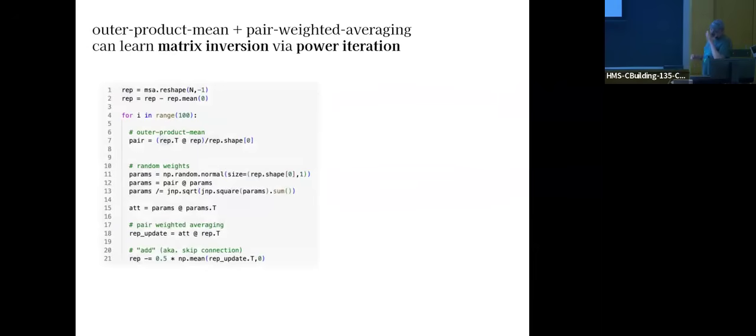So I said, okay, let's try to actually do this, right? So let's say we start with some random representation, which is our MSA. We compute the pair matrix, get a random matrix, random weights, which I'm just going to call params. I'm going to go ahead and keep subtracting them over and over and see at what point I arrive at the inverse.